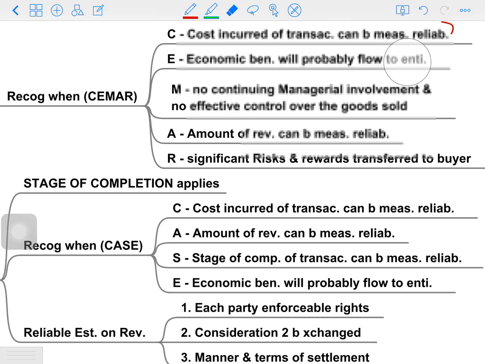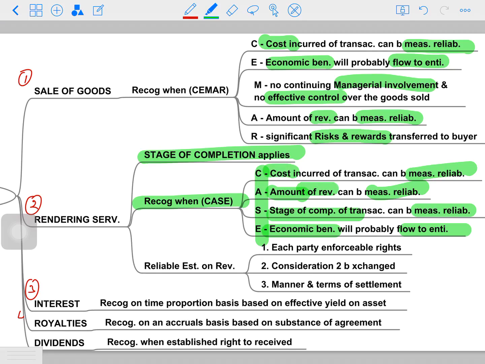Case ni meaning that cost incurred can be measured reliably, amount of revenue can be measured reliably, okay, and then stage of completion of transaction can be measured reliably, economic benefit flow to the entity. So that is all the requirement, 4 requirements. Case: cost incurred can be measured reliably, amount of revenue can be measured reliably, stage of completion can be measured reliably, and economic benefit will flow to the entity.